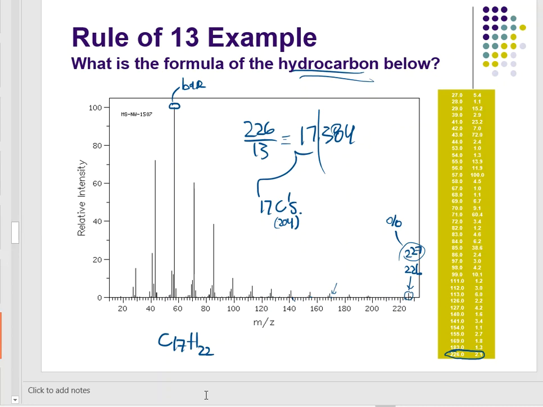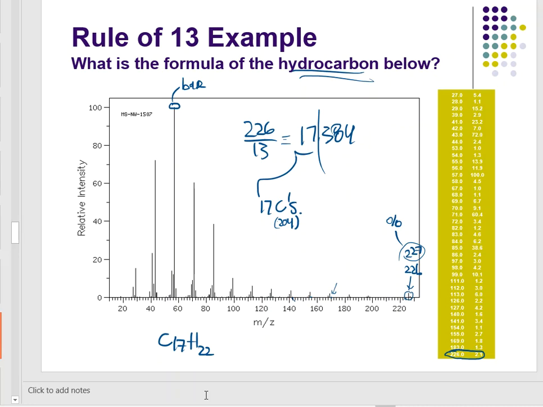There you go. That's the condensed structure of this compound that was analyzed. And I only needed the M peak in order to do it. Again, we're assuming hydrocarbons, only carbon, only hydrogen. I don't really know how the molecule's structured at this point, but it gives me a very good place to start.